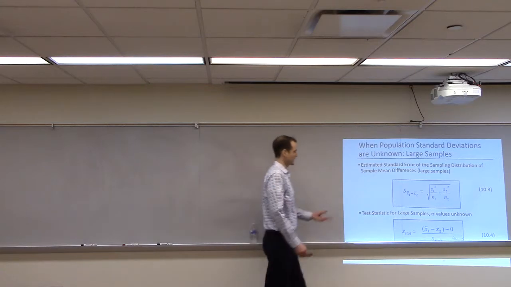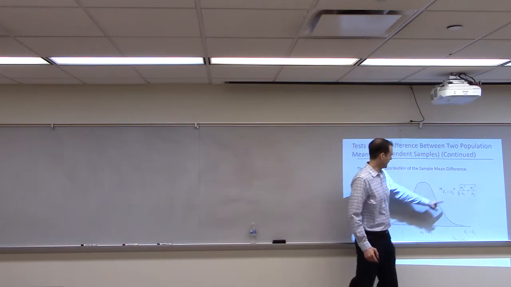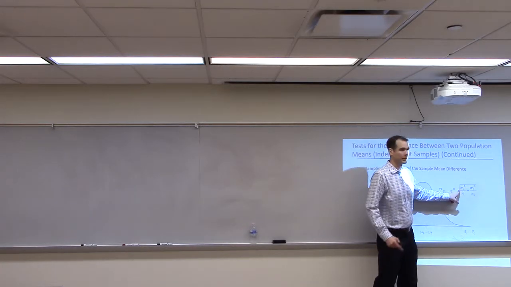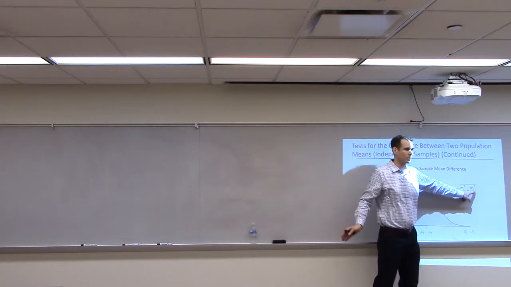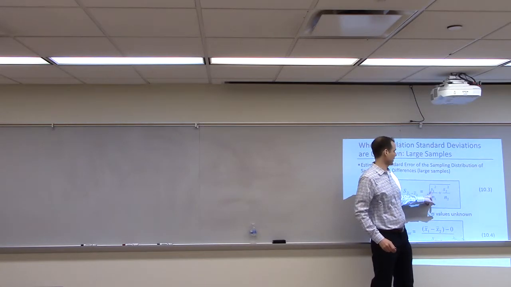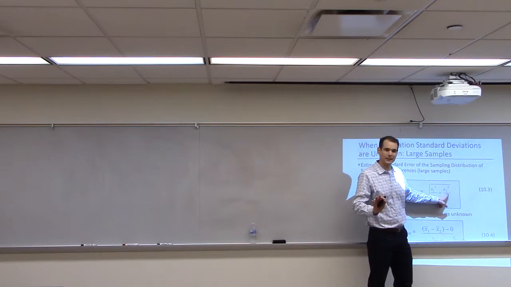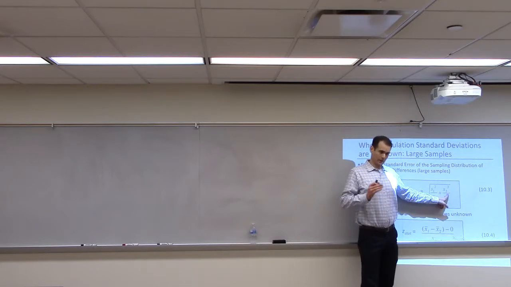Now, since in the real world we're not going to be given population standard deviations in town 1 versus town 2, we're going to calculate them based on our sample standard deviations. And since technically we do not know the population standard deviation, we could use the t-distribution to be safe.